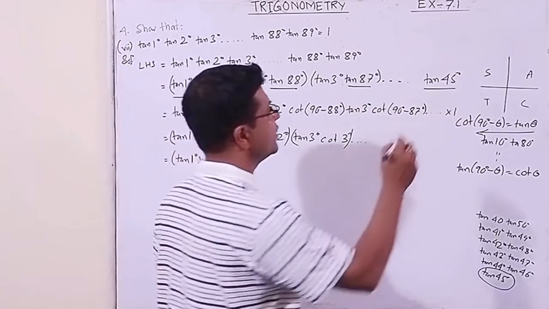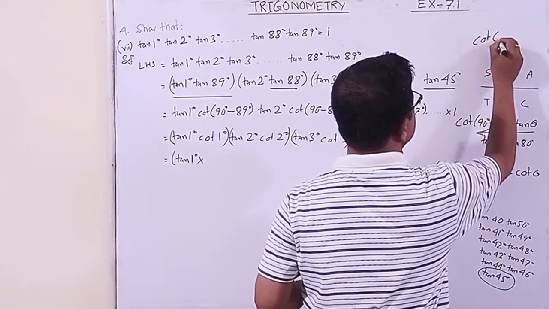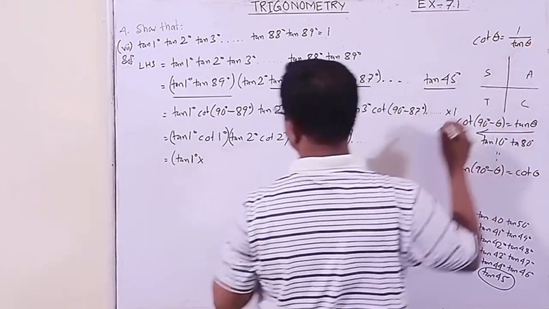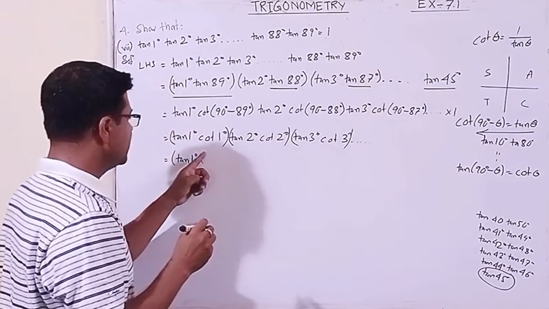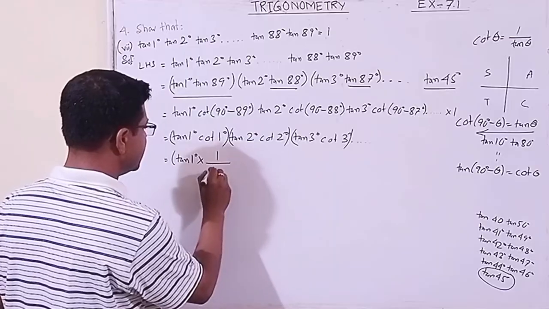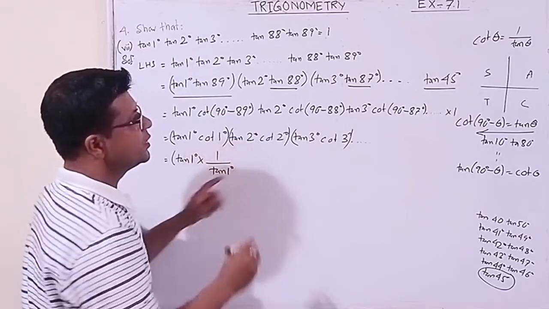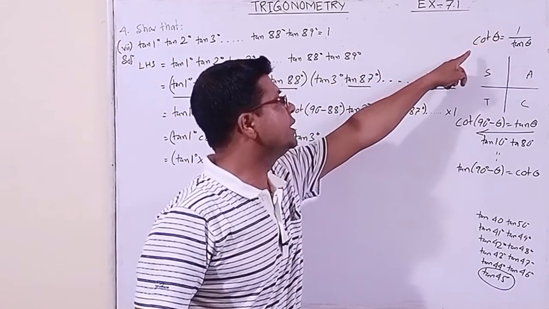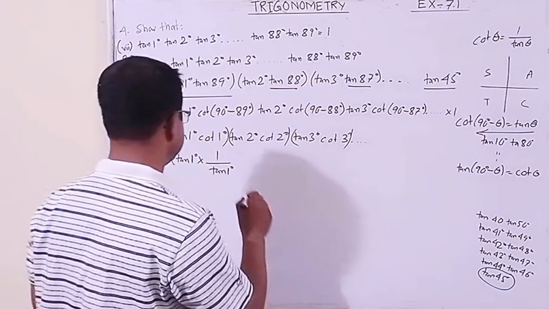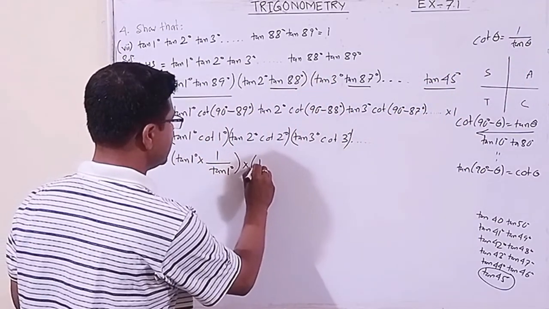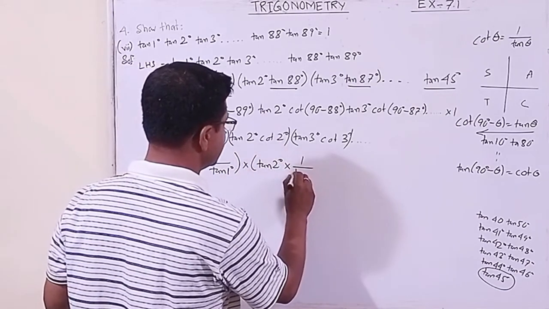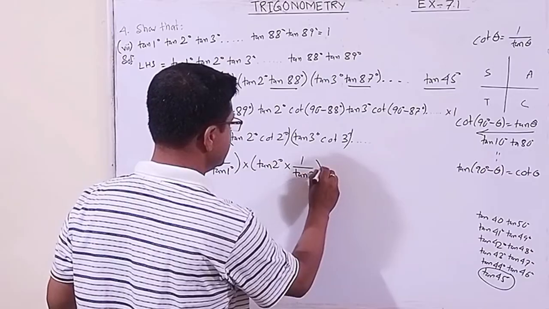What is cot theta? It is the reciprocal of tan theta. So in place of cot 1 degree, let us write 1 by tan 1 degree, because cot theta is 1 by tan theta. Tan 2 degree, cot means 1 by tan 2 degree, got it?